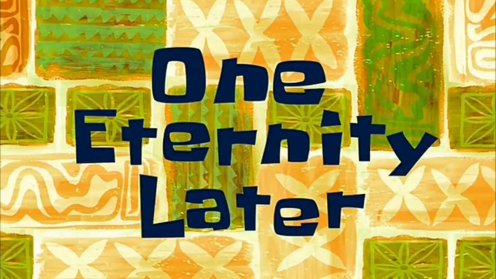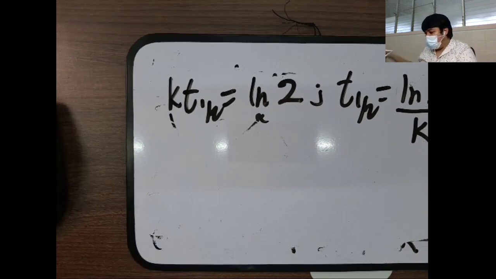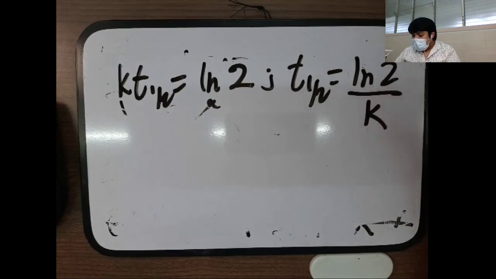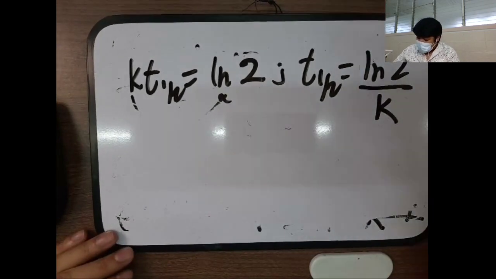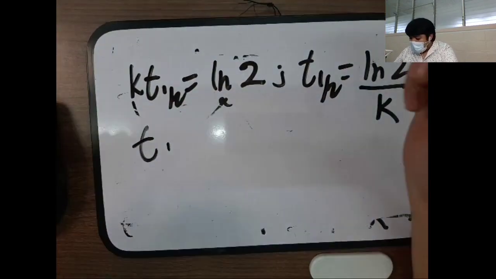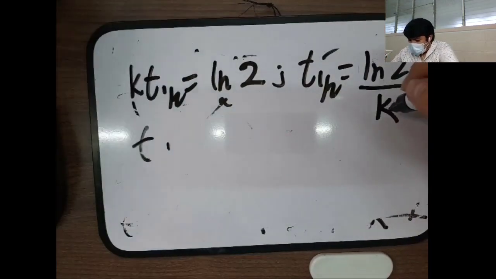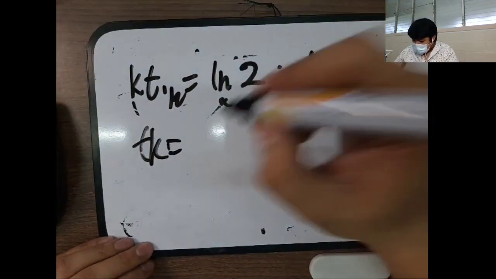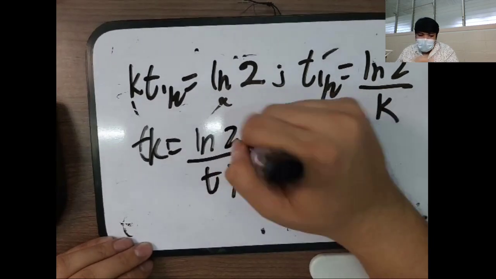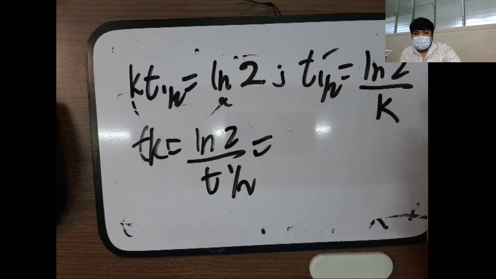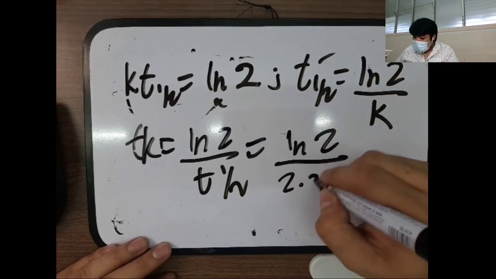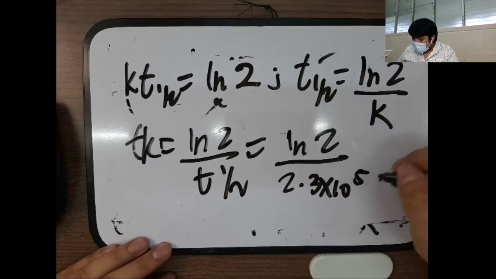So we go back here. We know this one. We just transpose, so k is equal to ln 2 over t 1/2. The value is ln 2 divided by 2.3 times 10 to the negative 5 seconds.